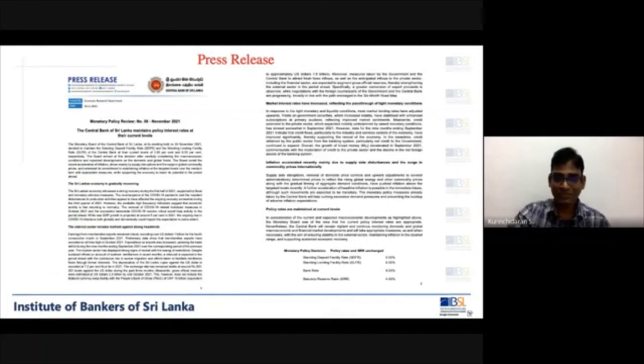Anybody? Okay. Now this has increased. Check with the previous slides. Take an example, this SRR. Earlier it was 2%, a couple of months back, right? Now it's 4%. What does that mean?